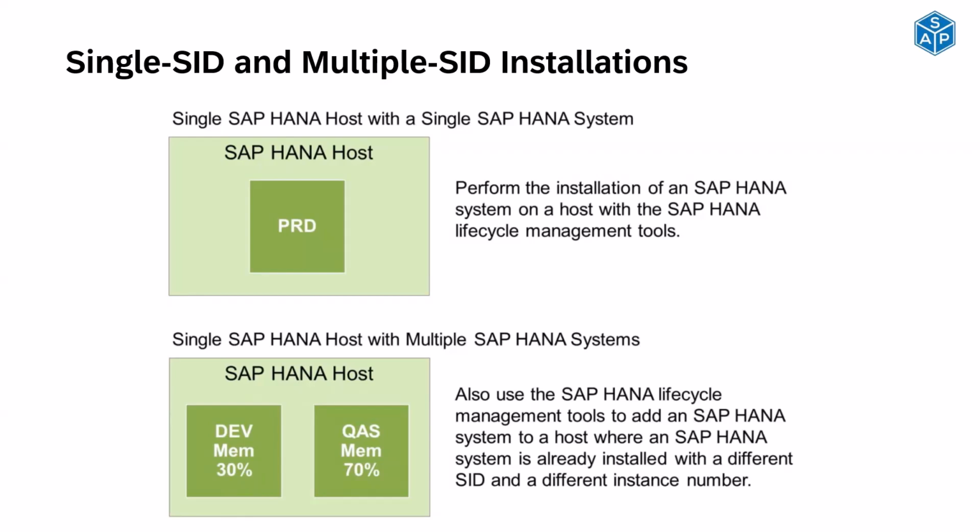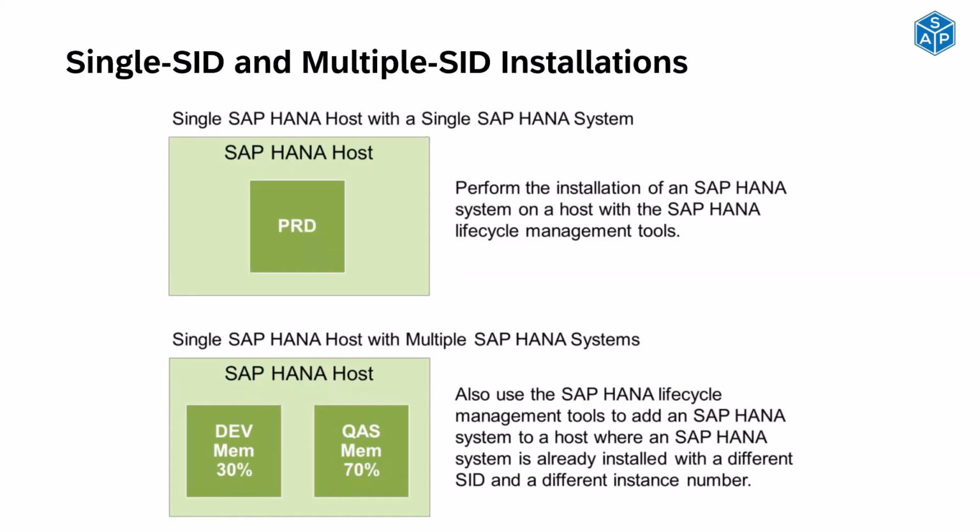Okay, so this is just for your information, conceptual. You can install multiple HANA instances in the same hardware, in the same system. What you did yesterday was a single SID installation. You took one VM and installed one HANA instance on it. That is one-to-one, single SID. You can also have multiple SID.